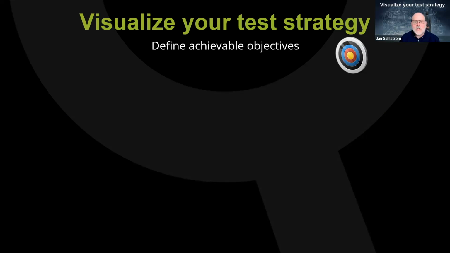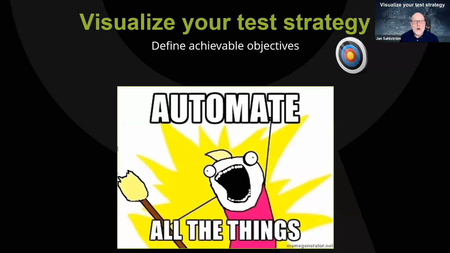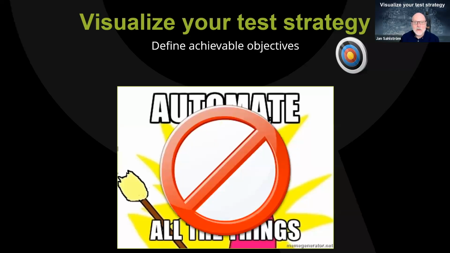And achievable is really important because normally when you talk to managers, foremost, the objective is automate everything. That might be an objective, but it's not really clear. I would argue that you could not really automate everything to start with. And it's very hard to see, okay, so what does this mean? How do we get there? So I would not recommend that as the objective.